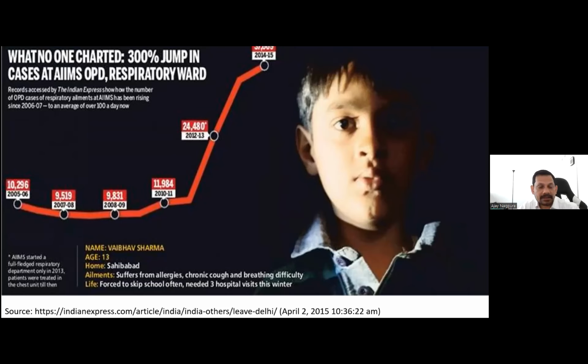This is data from 3 hospitals in Delhi, where they found that in the outpatient section of the respiratory ward, respiratory patients increased 300% between 2005 and 2015, and the majority of them are children. The importance of these data is that these are local data.